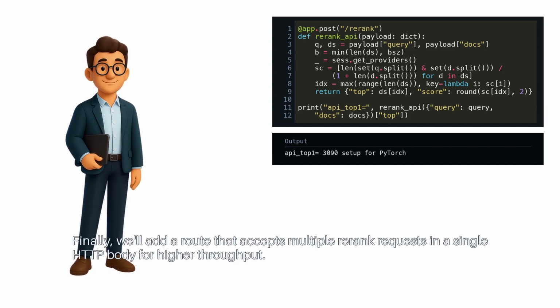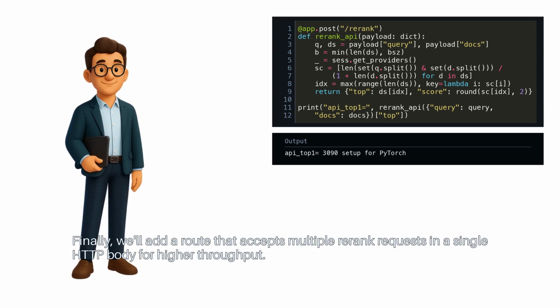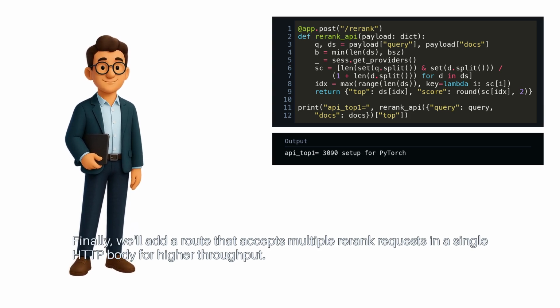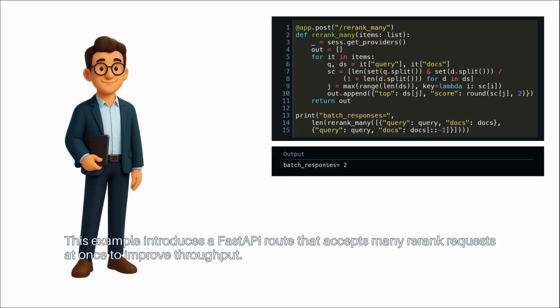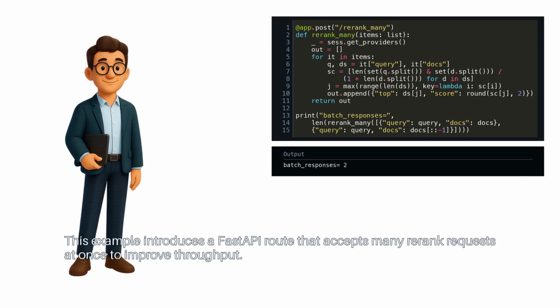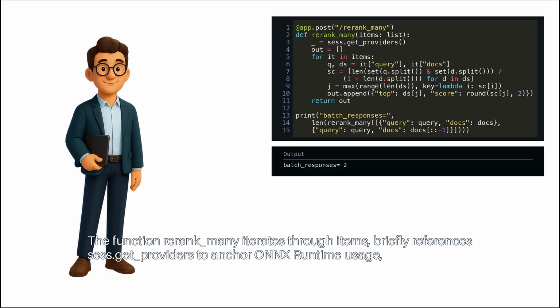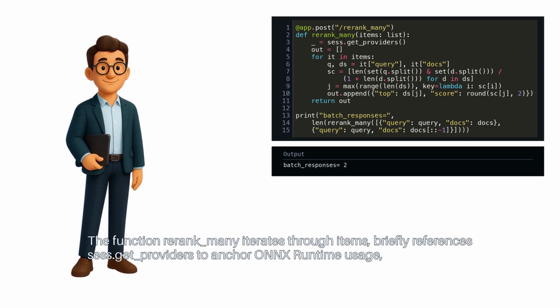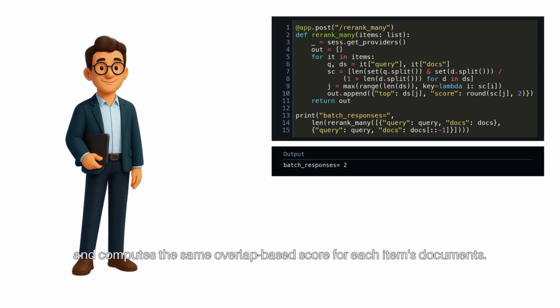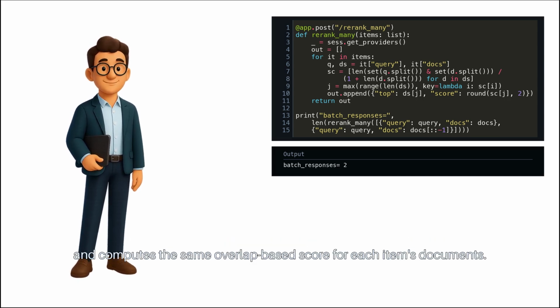Finally, we'll add a route that accepts multiple re-rank requests in a single HTTP body for higher throughput. This example introduces a FastAPI route that accepts many re-rank requests at once to improve throughput. The function rerank_many iterates through items, briefly references ort.get_available_providers to anchor ONNX Runtime usage, and computes the same overlap-based score for each item's documents.